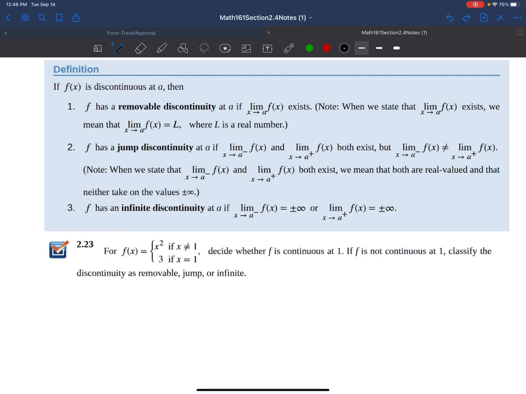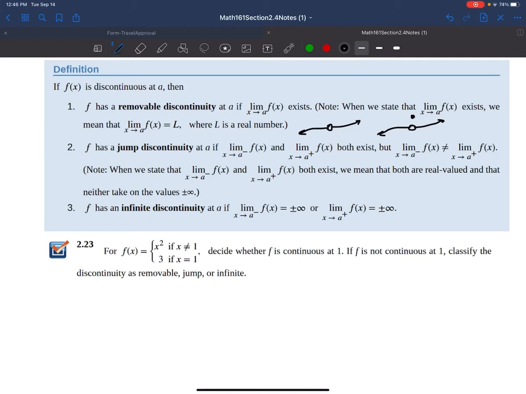So probably what happened in case 1 is that we either had a situation like this with a hole, or we had a situation like this where there's a jump. Okay, that's a removable discontinuity, either the hole or the jump.